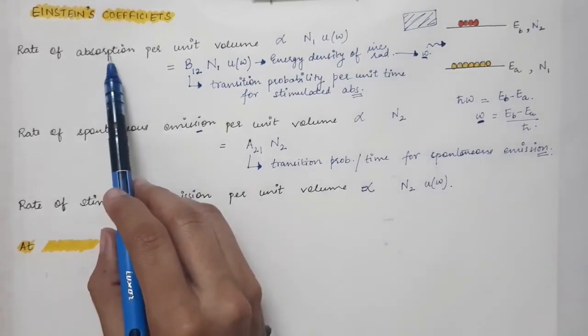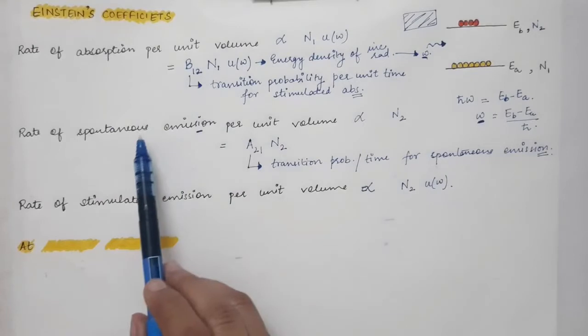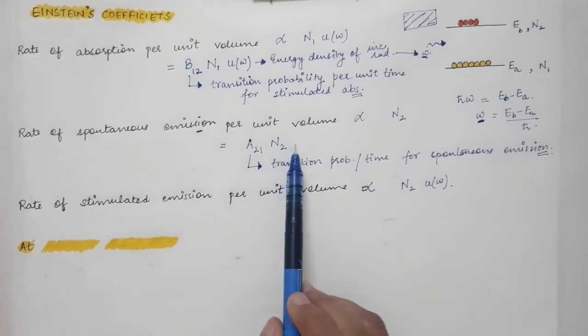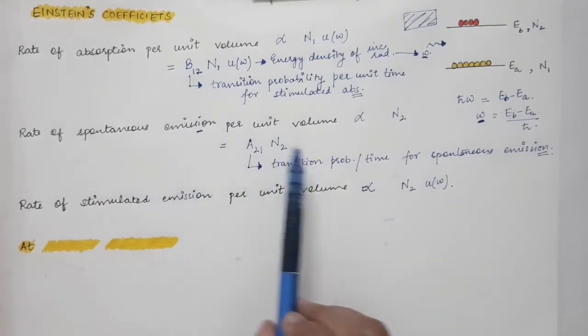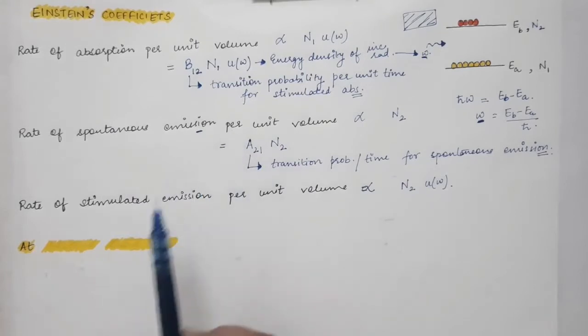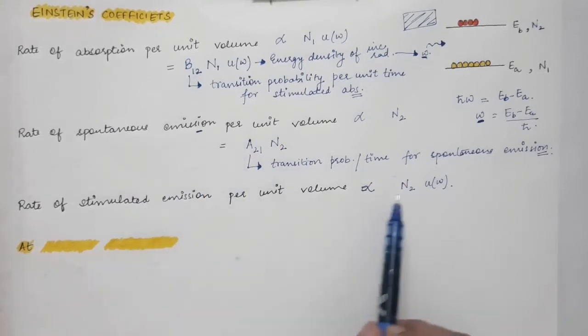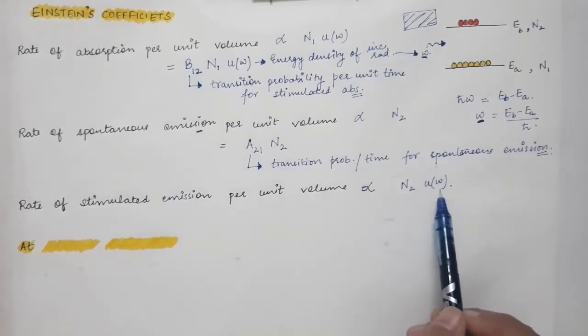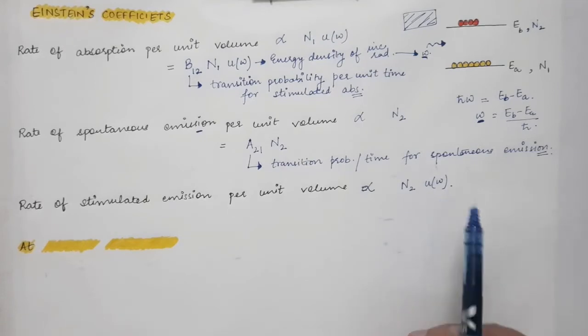The absorption process depends upon U of omega. Spontaneous emission does not depend upon U of omega; it is independent of the energy density. Stimulated emission depends upon the energy density of the radiation at frequency omega.